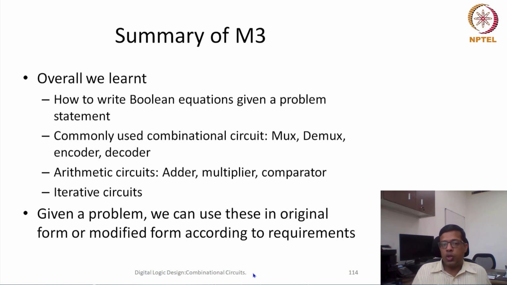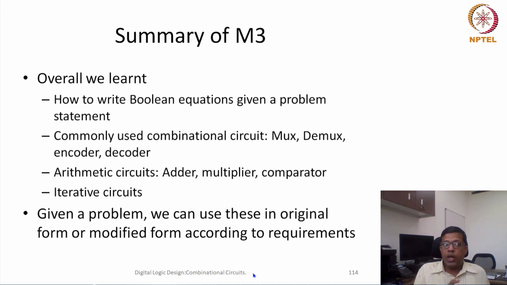If a problem is given to us and we have to design that particular behavior or function, then first we need to break that function into smaller pieces, and we need to see whether each of these small pieces can be implemented using anything which we have learned so far. For example, multiplexer, demultiplexer, adder, multiplier.